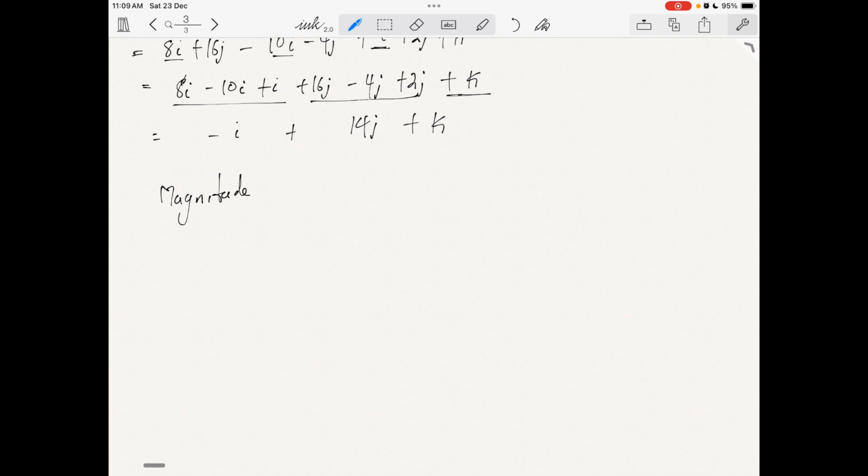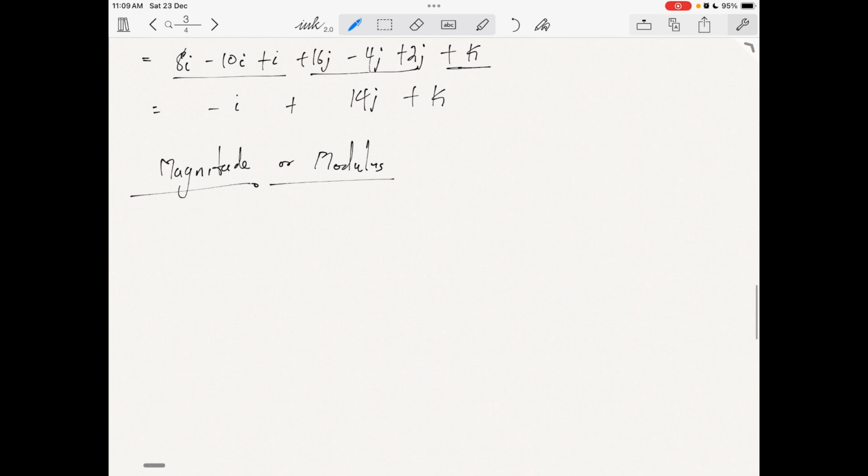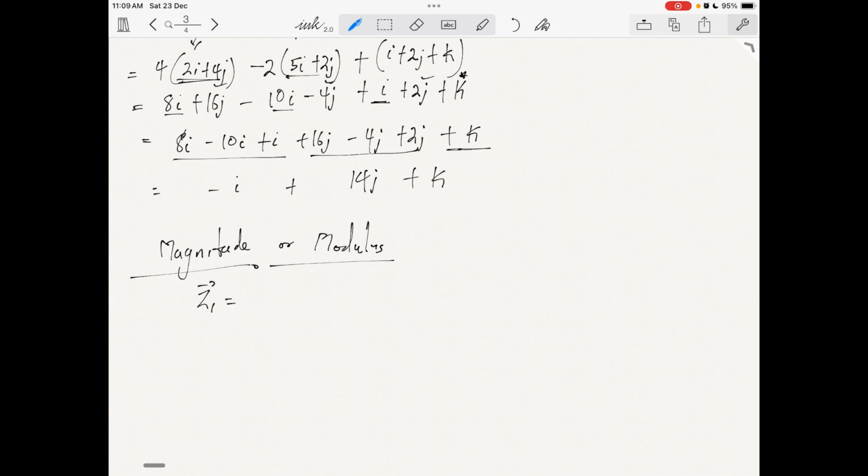We will still go back and use these three vectors from scratch, and we use them to evaluate the magnitude of each vector. So this is z1 here, this is z2 here, this is z3 here. z1 is 2i plus 4j, z2 is 5i plus 2j, and z3 is i plus 2j plus k.